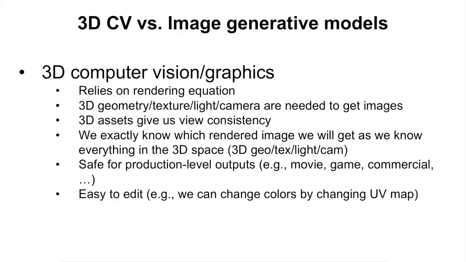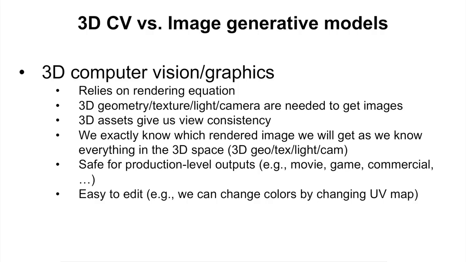So in summary, 3D computer vision and computer graphics rely on the rendering equation, 3D geometry, texture, light, and camera. We learned all the things needed to get images, except for light. That means getting images is a little bit hard. We need to prepare geometry, texture, light, and camera to get view-consistent videos or images.